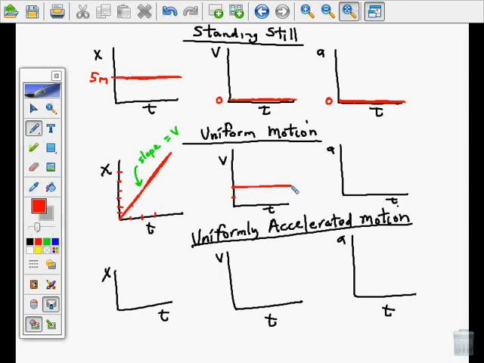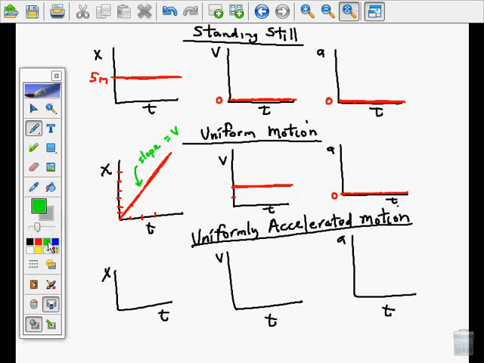So for uniform motion, velocity time graph, it's just a straight line going straight across. Now, since the velocity is still not changing, once again, the acceleration time graph is just 0 because it's 0 acceleration. This should be a straight line right here.